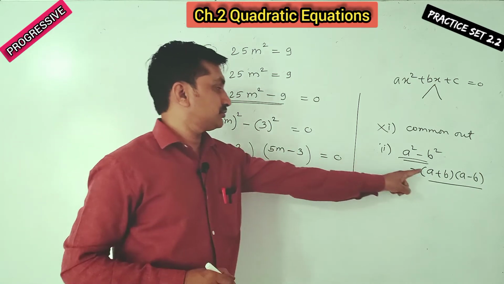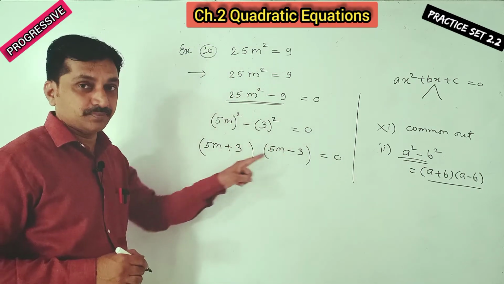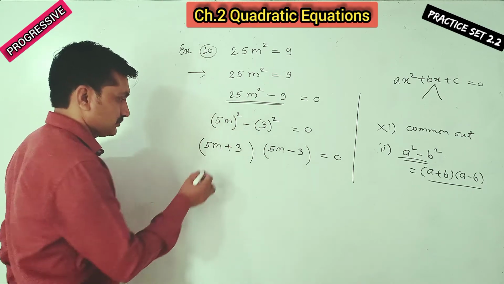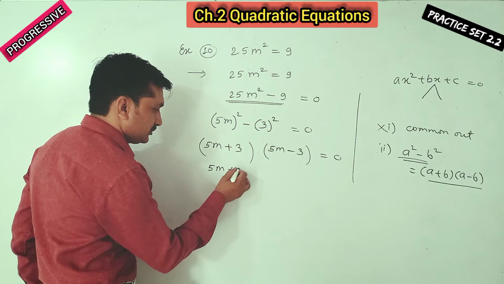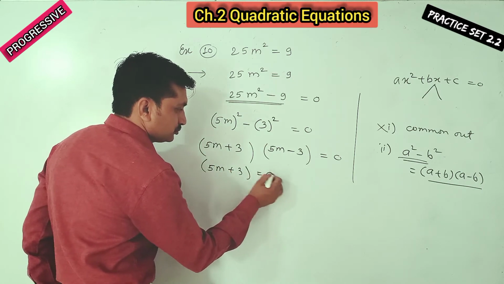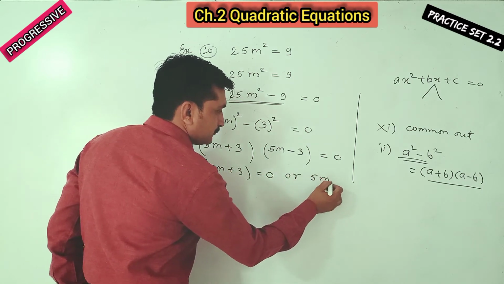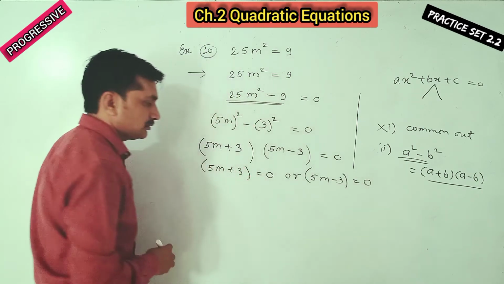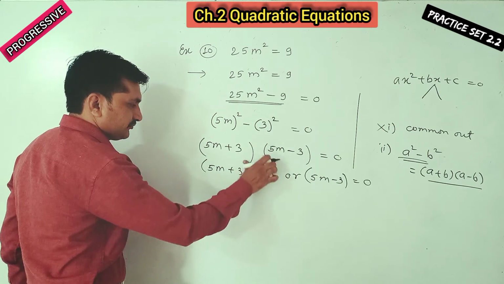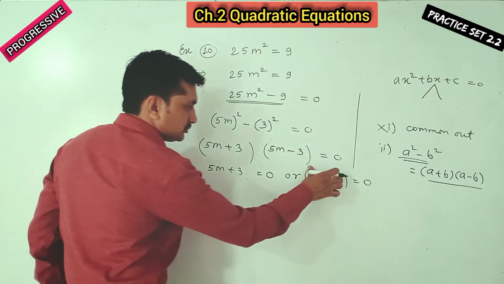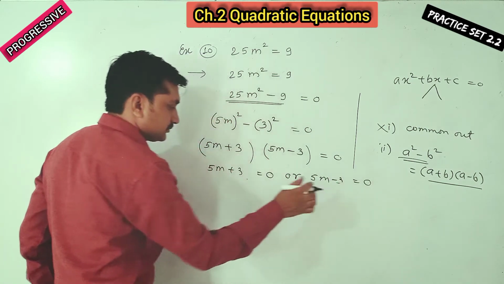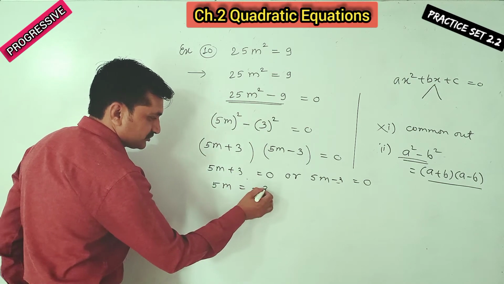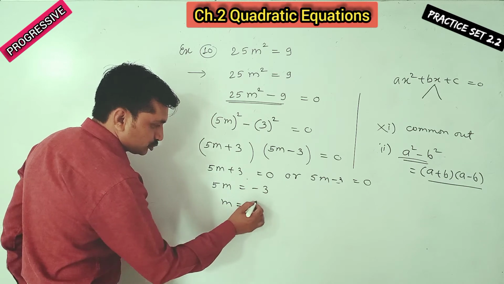We used this formula, this expansion here. Now we got two brackets, now separate: 5m plus 3 is equal to 0, or 5m minus 3 is equal to 0. Whether you give the brackets or not, it doesn't affect anything. Now 5m is equal to minus 3, therefore m is equal to minus 3 upon 5.